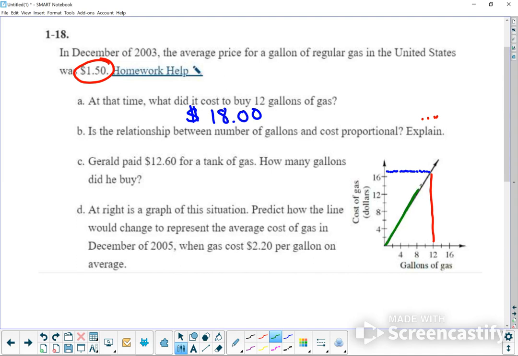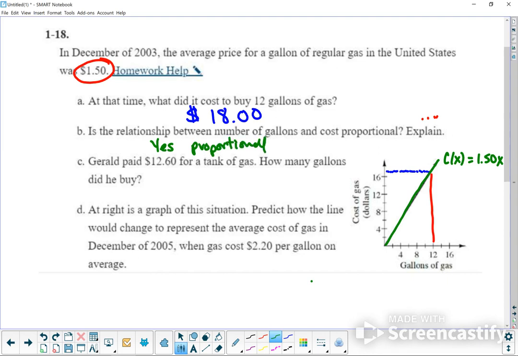Okay, this is a linear proportion, right? If anything, you can say that the cost for 1 gallon of gas is $1.50 for every gallon of gas. So every x. Okay. So is the ratio proportional? Yes. Proportional.